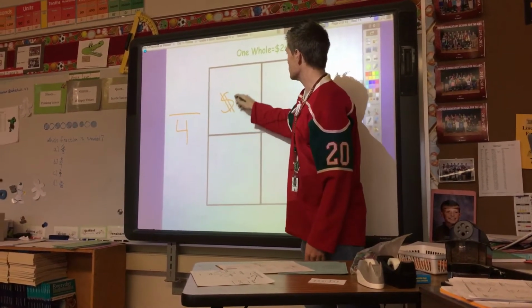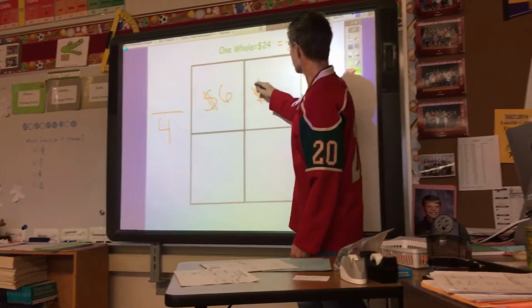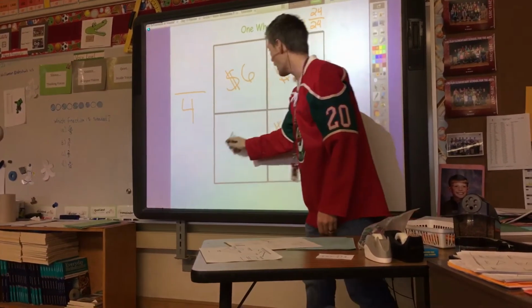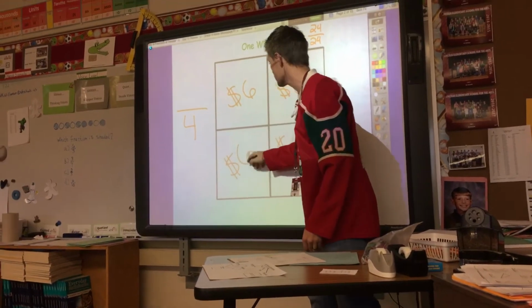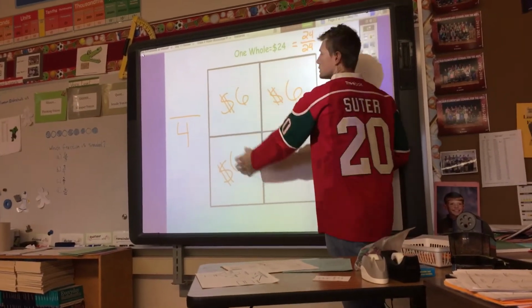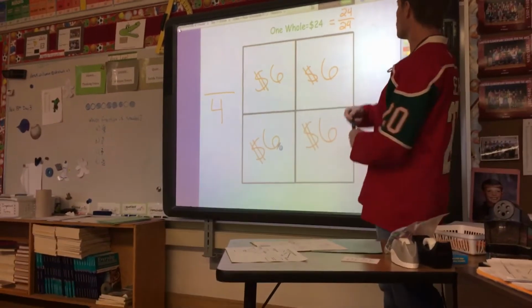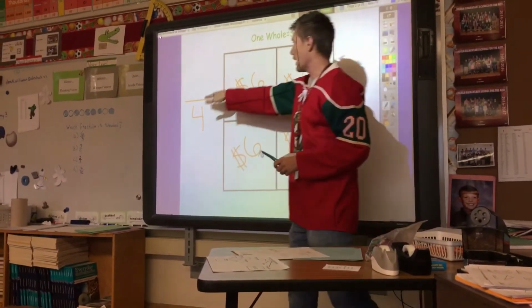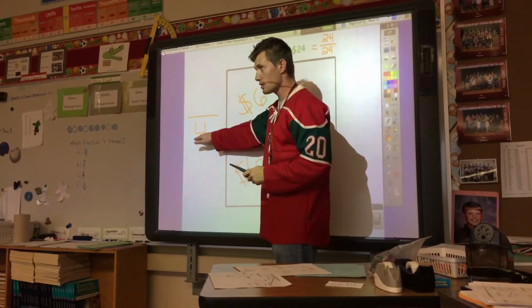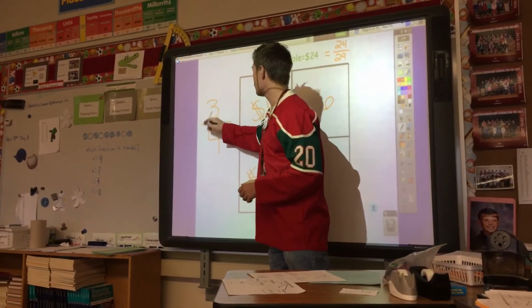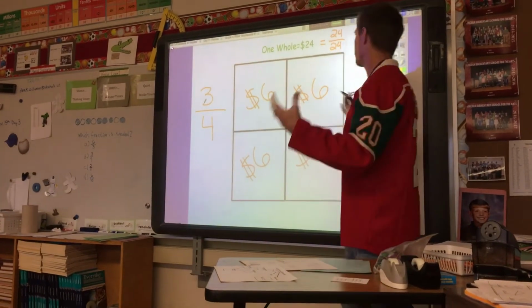Now, what I really am doing is I'm saying I still have $24, but it's now split into groups. Fractions are actually division. So if one whole is 24, I divide it into fourths. Each is worth 6. But what if I said I only have 3/4 of my money left?